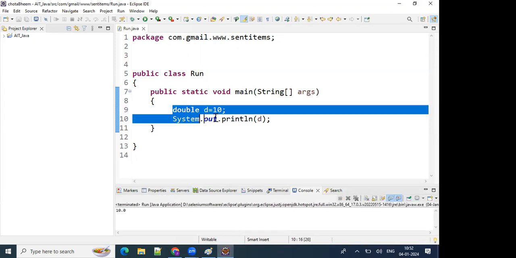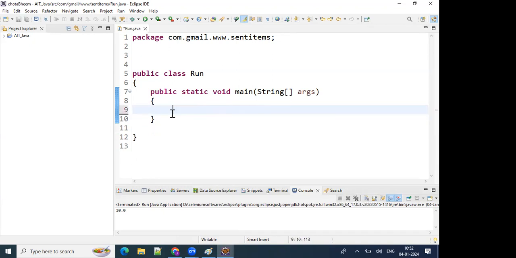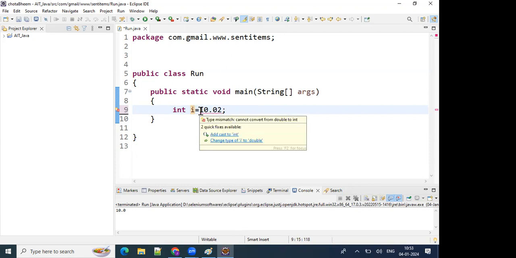Now let us try to store higher primitive data, a double value 10.02, a decimal value, in an integer. Now here it is throwing an error. So here conversion is mandatory.